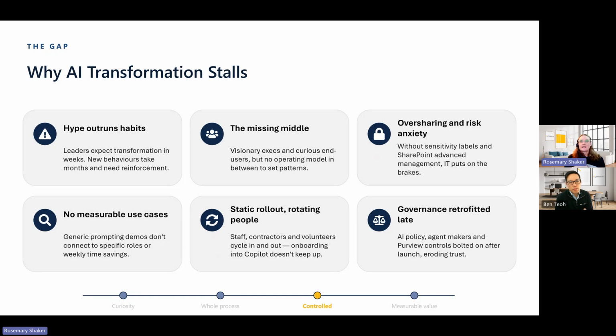I don't think any organisation has followed all of Microsoft's guidance over the last 10 years about setting up things like sensitivity labels, data loss prevention and SharePoint Advanced Management. I don't think there is anyone that's put that in, because we haven't really seen a need for it. And now all of a sudden AI is showing us that there is a defined need for that. So they stop allowing people to do certain things, and then that hype fades away and people go, I can't really do what I need to do.